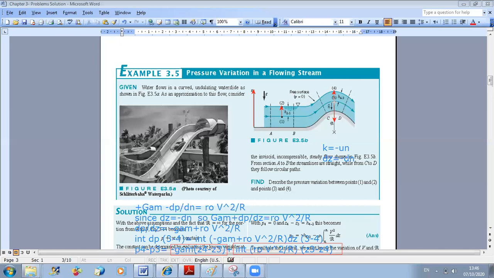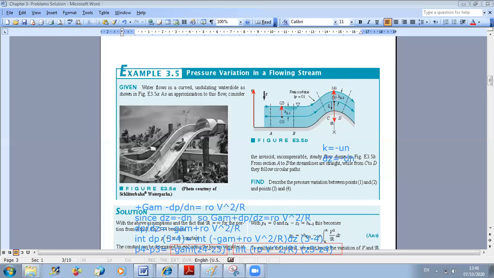But you have another effect, the effect of the normal acceleration. When you have a normal acceleration, the closer you are to the center of curvature, the lower your pressure will be. So if I move from 3 to 4, I will have an increase of pressure due to the normal acceleration, but a decrease of pressure due to the hydrostatic effect.